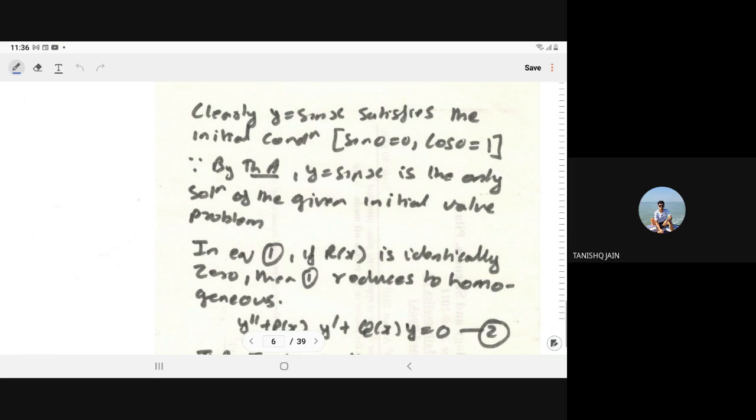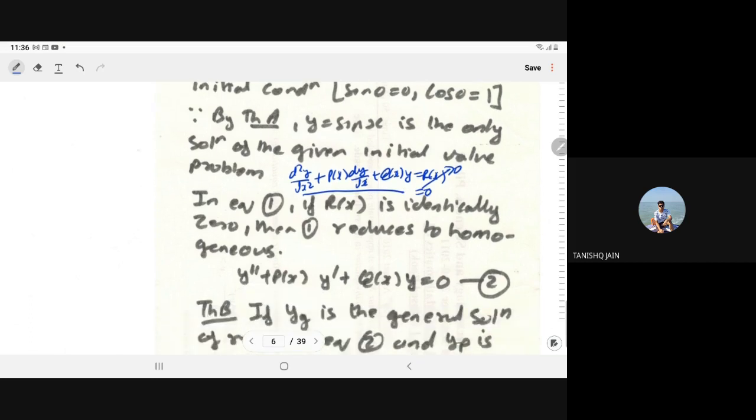So now in equation 1, d2y upon dx2 plus p(x) dy dx plus q(x) y is equal to r(x), if r(x) is identically 0, then the reduced equation is known as the homogeneous equation.